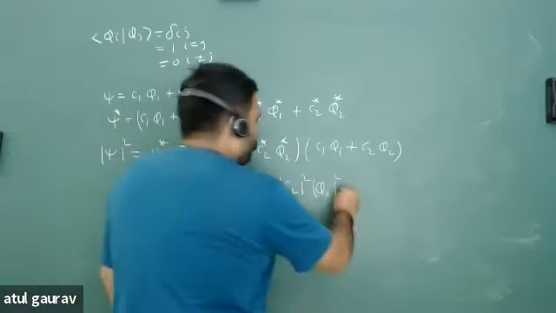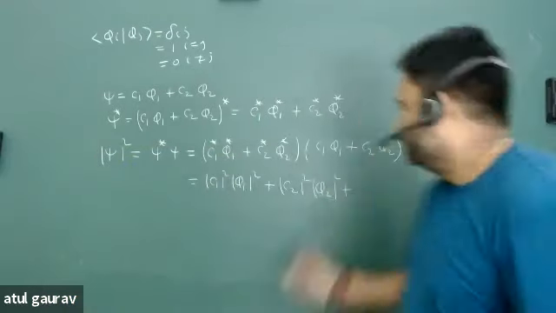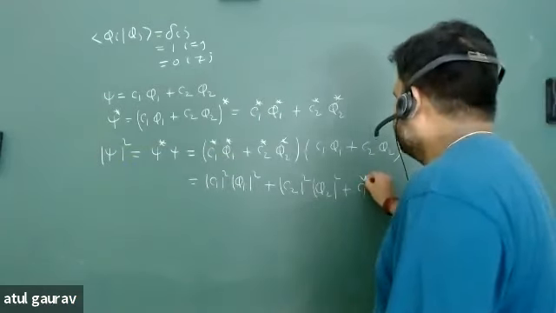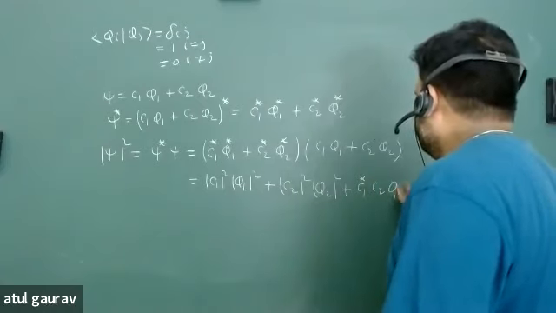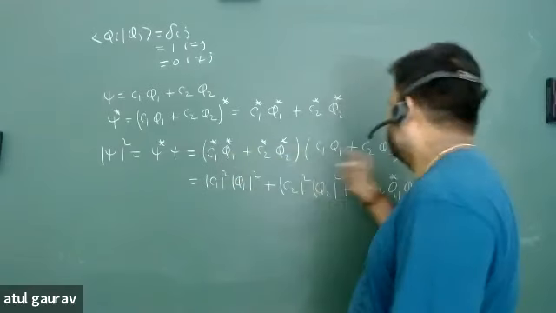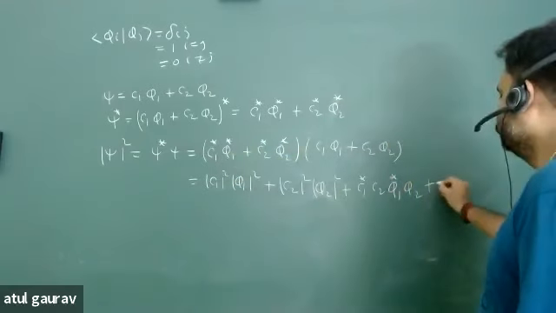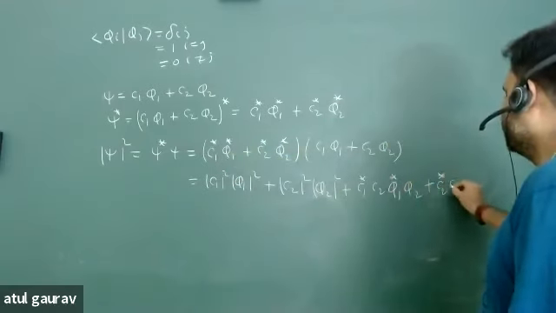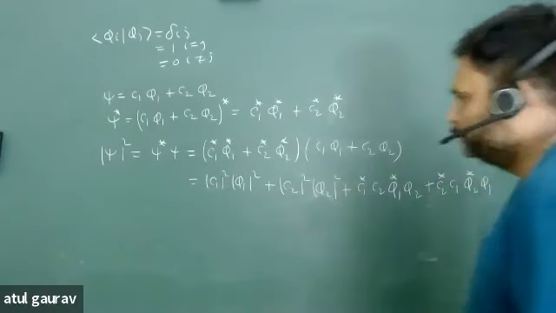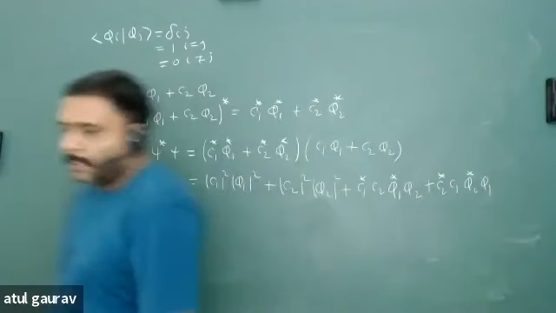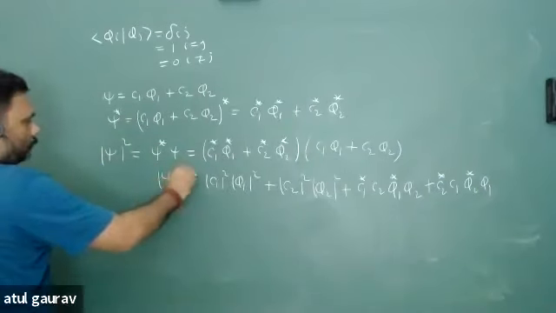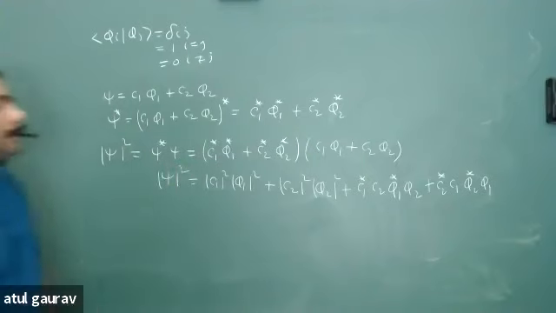Then the cross terms: C1 star C2 phi 1 star phi 2, then C2 star C1 phi 2 star phi 1. Are you getting it? So this is equivalent to mod psi square. This is a function.